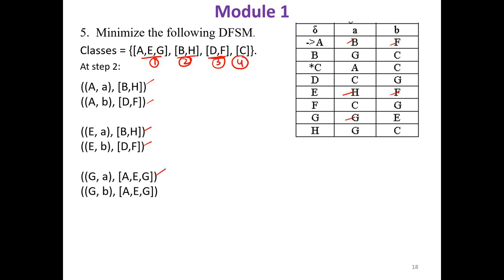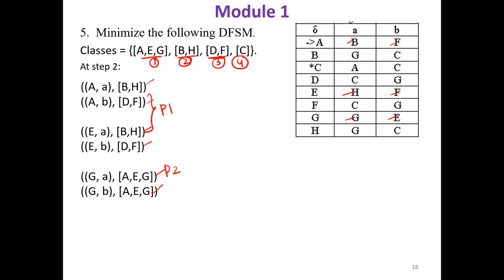And GB goes to E, where E is again in AEG class. So if you see here, these two belong to the same pattern, whereas G has a different pattern.